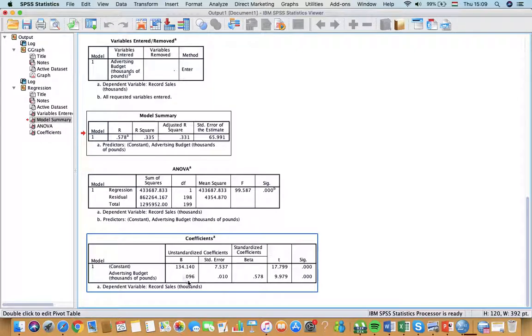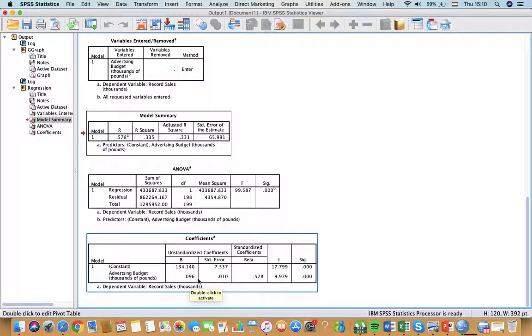Okay, and this is the gradient, which shows the change in the outcome if you change a unit in the predictor. So if you increase the unit of budget by 1, then the sales will be increased by 0.096.